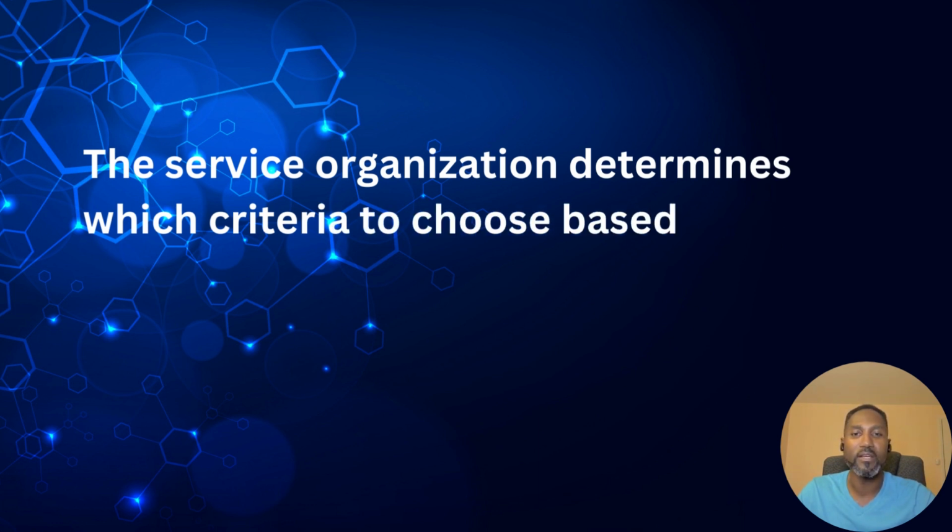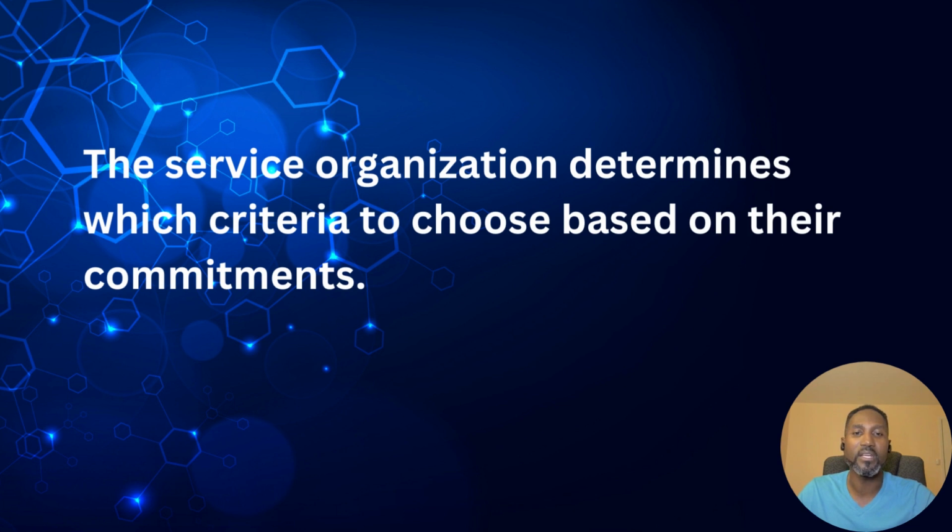And as we defined earlier, the commitment is basically what the organization promised to deliver to their customer. So if it's something like giving 99.999% availability, then apart from security, you'll need to evaluate the availability category.